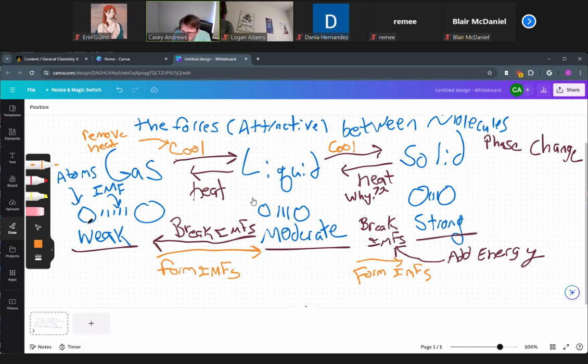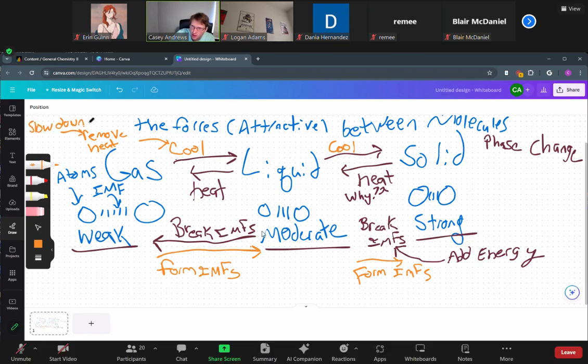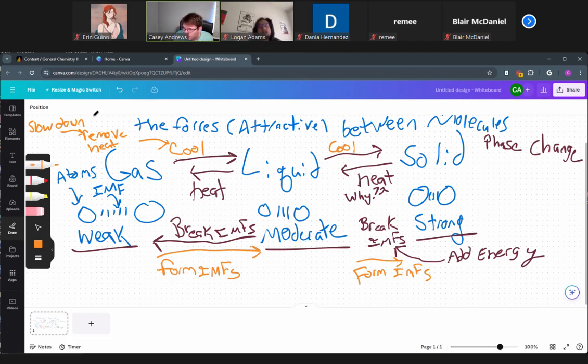I need to form new interactions between molecules. The way I do that is I have to take some of the energy away from these molecules. When I take energy away, these molecules slow down, right? By lowering the temperature, I am saying, okay, atoms, you are now moving slower.